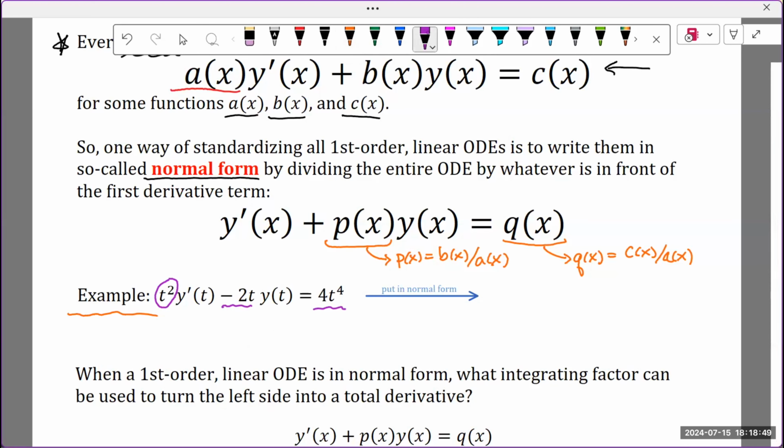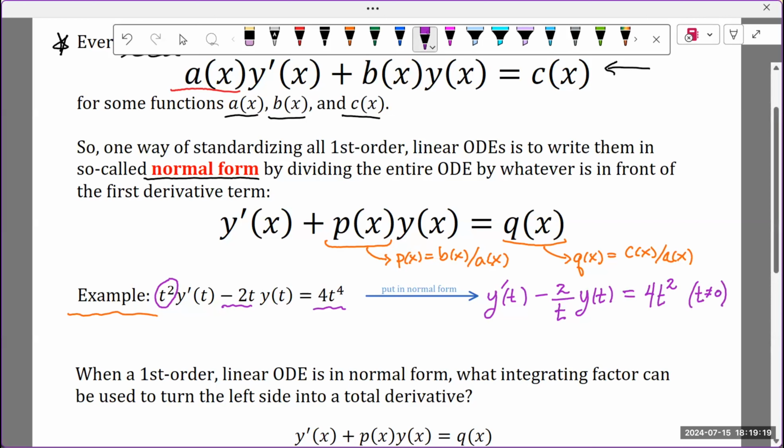So we get y prime of t minus 2 over t y of t equals 4t squared. So, of course, we need to be working in a domain where t is not going to be 0. Otherwise, we risk dividing through by 0.